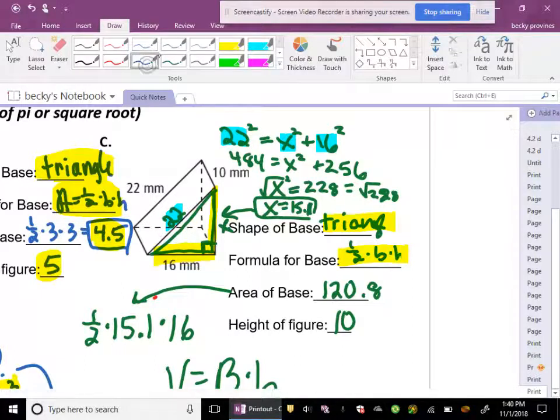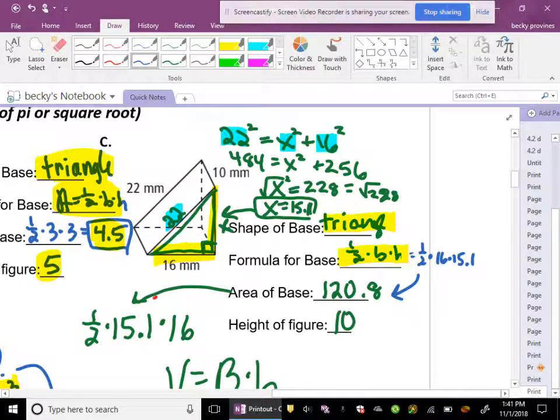Okay, so once you find the two pieces that make the right angle, we're just going to multiply 1/2 times the base, which is 16, times the height, which is 15.1. And when you multiply those, you get 120.8.